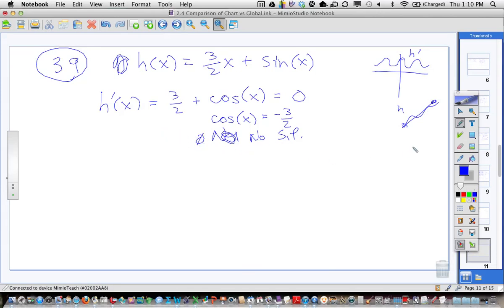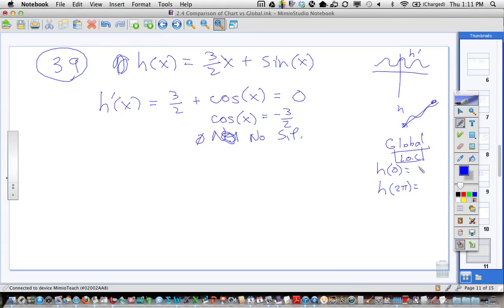So that means when we go to do our global max min, we might as well do that right now. We plug into the original. Our only list of candidates is going to be 0 plugged in and 2 pi plugged in. So we go back to the original. 0 times 3/2 is 0.